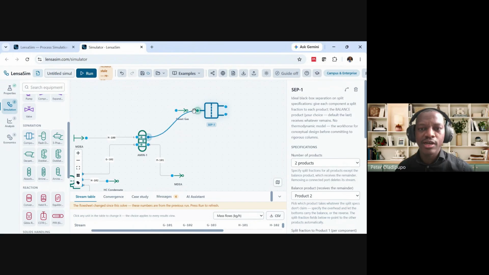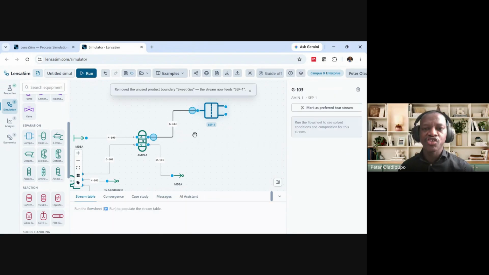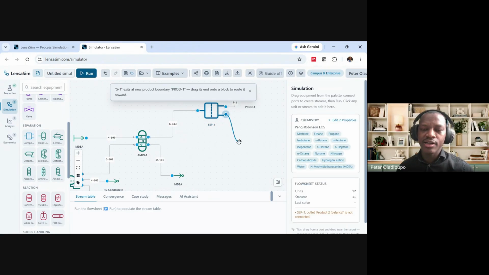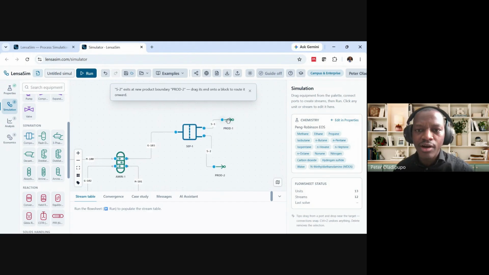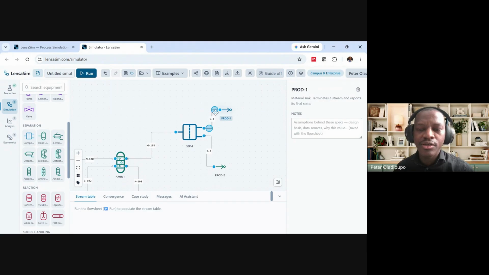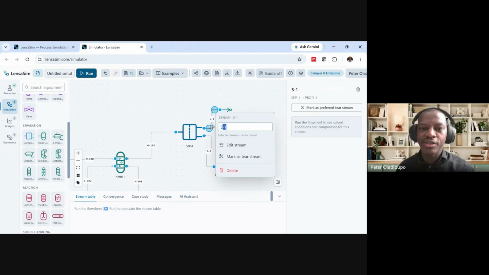Then of course bring that stream in as the inlet for the separator, and specify the outlet streams. This would be what we now call sweet dry gas, because now we no longer have either acid gases or water vapor after this step.